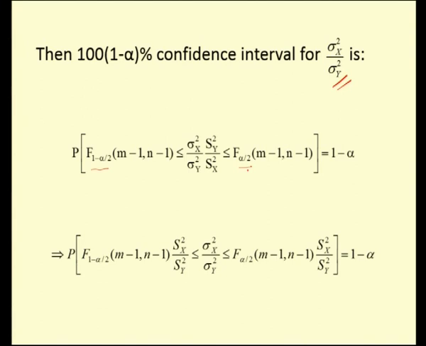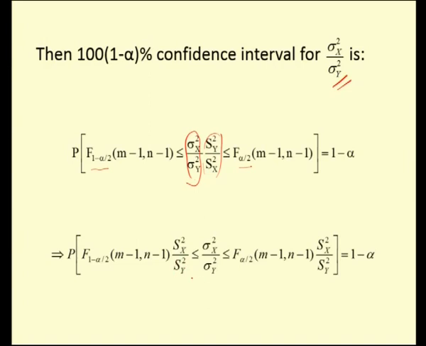Therefore, here our objective is to find the ratio of the variances. To do that, multiply either side by this particular term, or you can divide it by s squared y divided by s squared x.